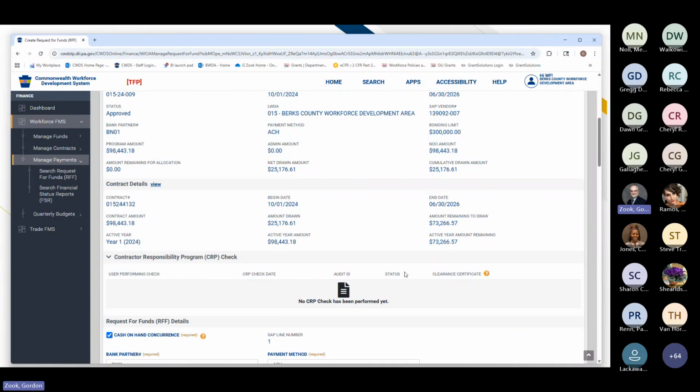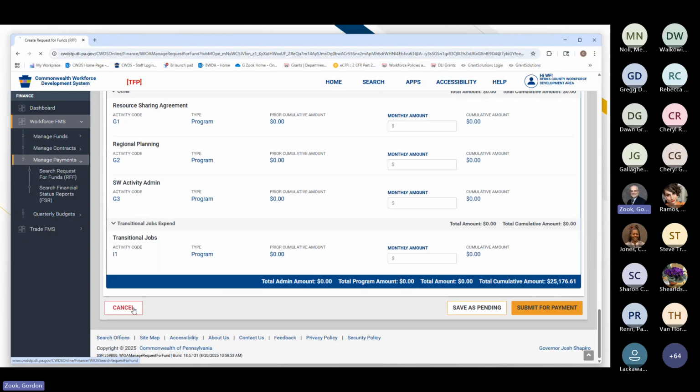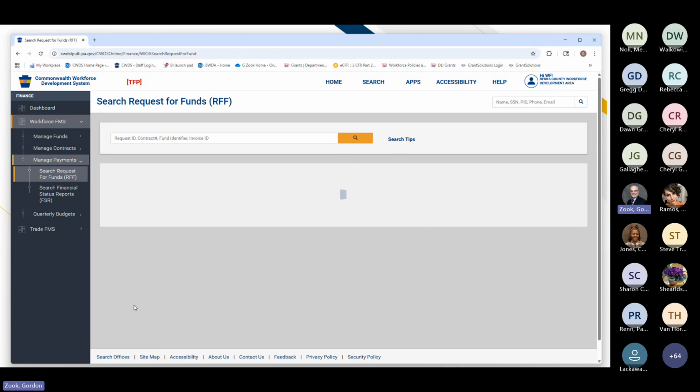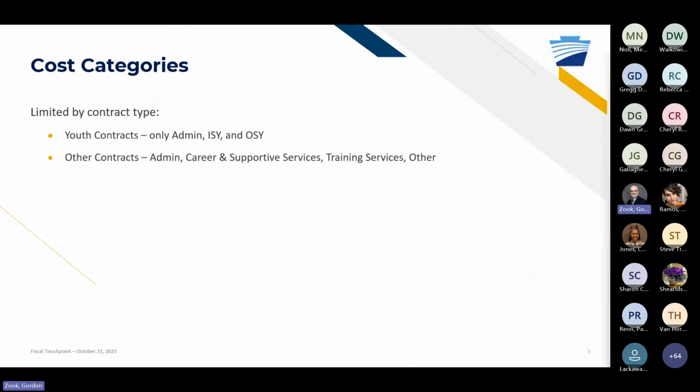And then when either we or USDOL select draws for random sampling, the expenditures do not match what the categories were for the draws, and it just makes things more complicated. So if you would, please estimate what you need those funds for and put the appropriate numbers in those cost categories.